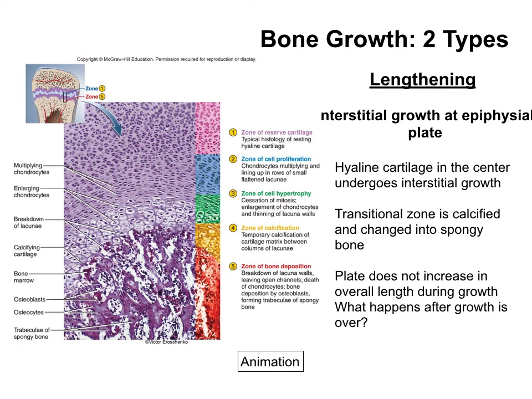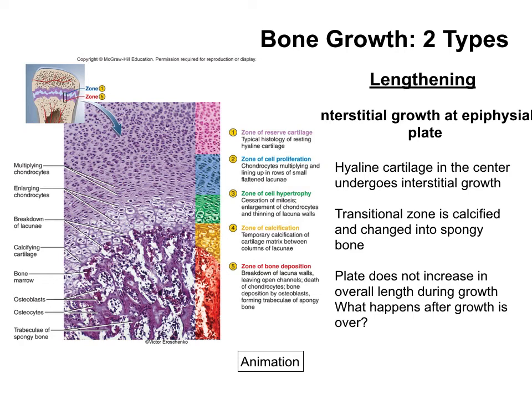Now, if you look at your epiphyseal plate, it actually has various regions to it. Very generally speaking, your epiphyseal plate has hyaline cartilage in its center. So in the middle of the plate, you've got hyaline cartilage. And on either side of that epiphyseal plate, you have what is called a transitional zone.